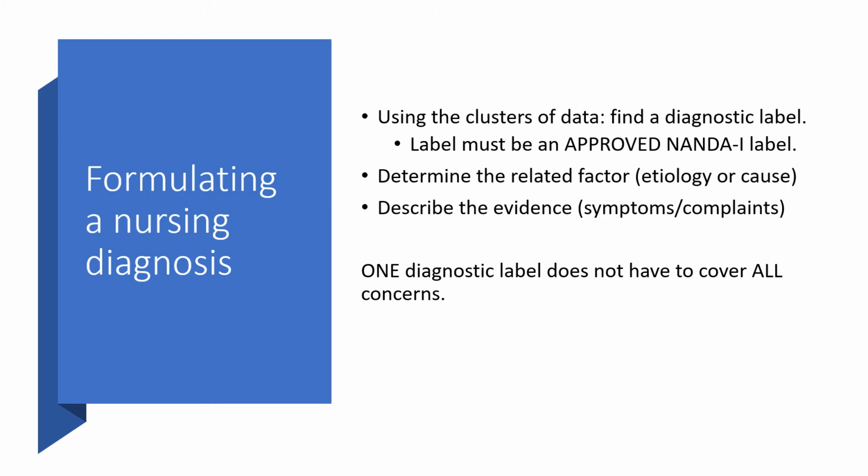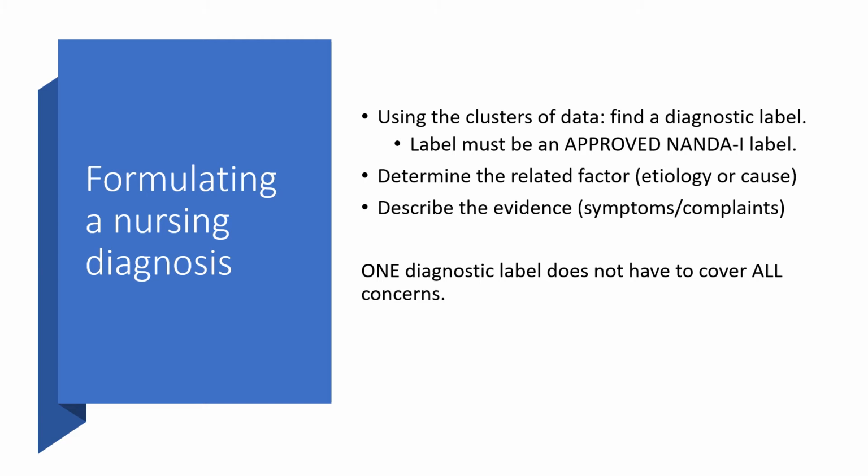So let's go back to our patient with pneumonia. Our patient with pneumonia probably also has a fever. Maybe they have an elevated heart rate. Maybe they have, like I said, the ineffective airway clearance, things like that. So you're going to take that data, those assessment findings, and cluster those into different diagnostic labels and determine the related factor and describe the evidence.